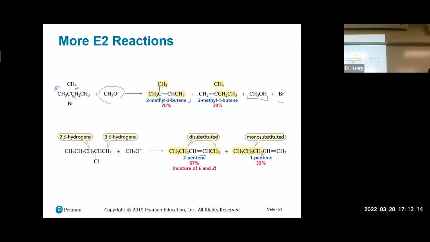And then in this case, we're going to end up with a monosubstituted alkene. So again, that double bond at the terminal end is going to be less stable than the one that's more central.